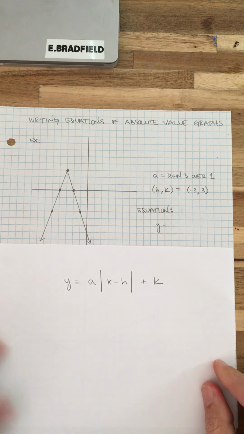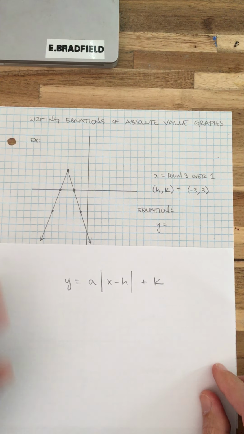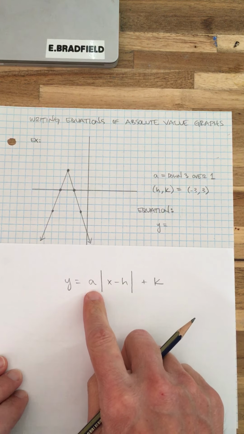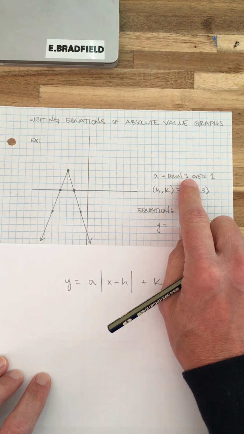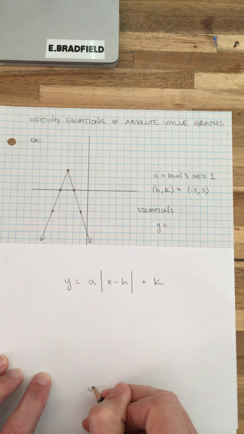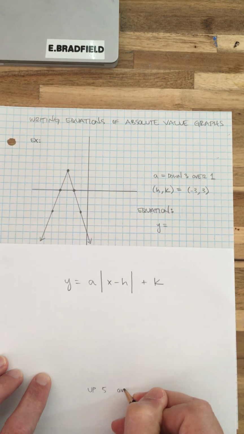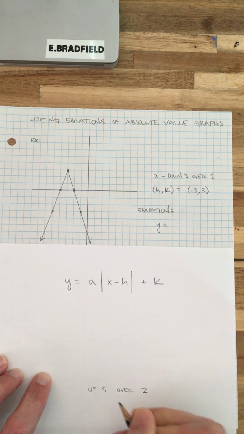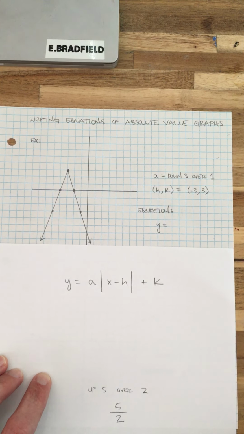That's what it looks like. Okay, so our a, that's this guy right here, down 3 over 1. Well, what is down 3 over 1? Remember, if I give you something like up 5 over 2, doesn't that look like this? Up 5 over 2, right?